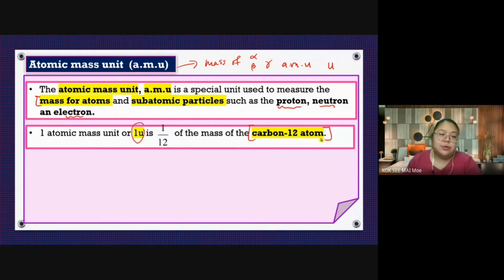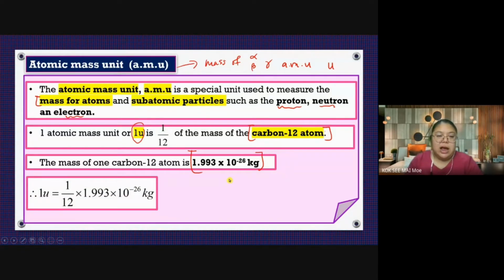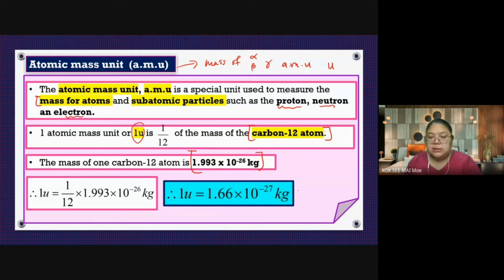Okay, 1 AMU, so how much is it? The mass of one carbon is like this, so you need to divide by 12. After dividing by 12, the answer is 1.66 times 10 power negative 27. This is a fixed constant.